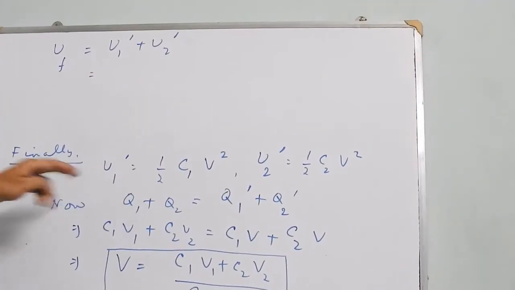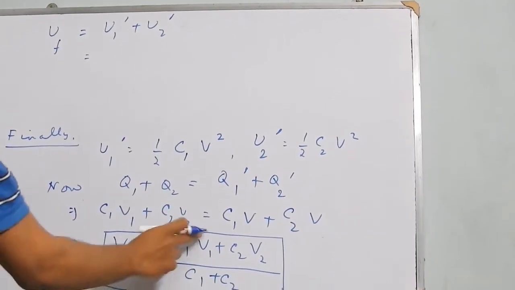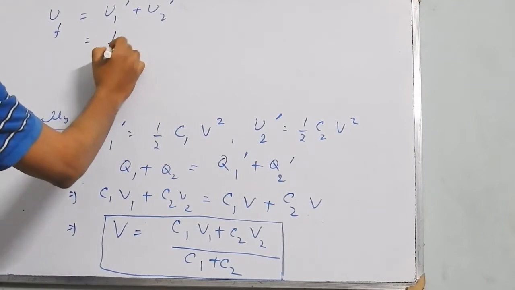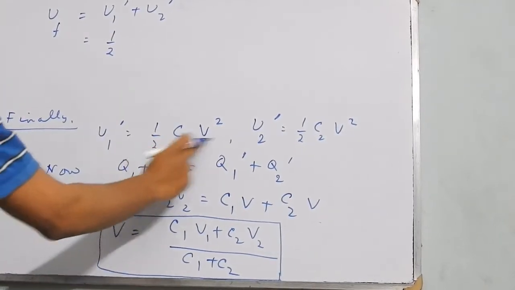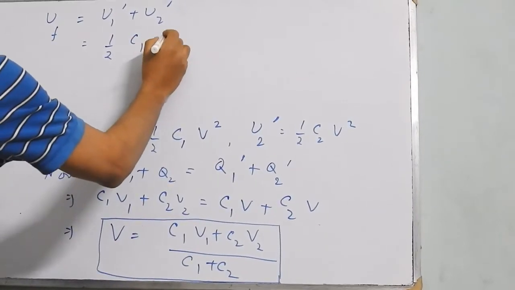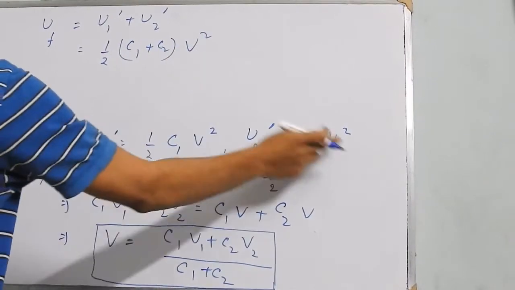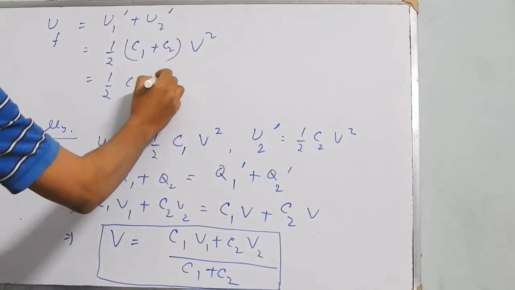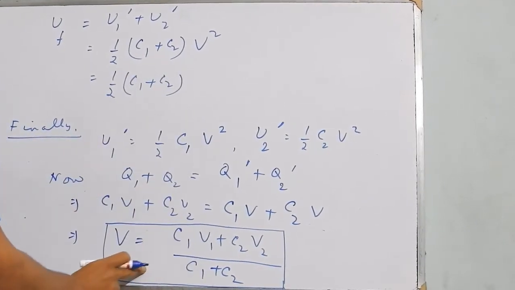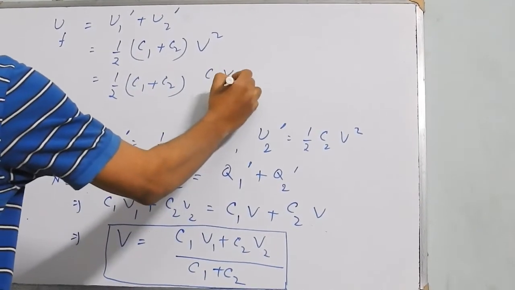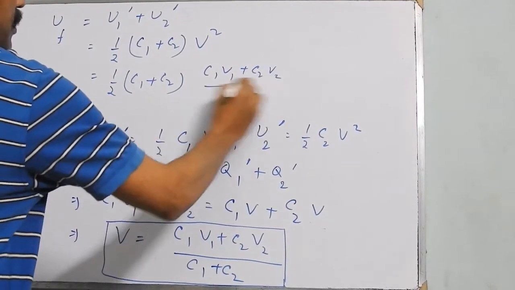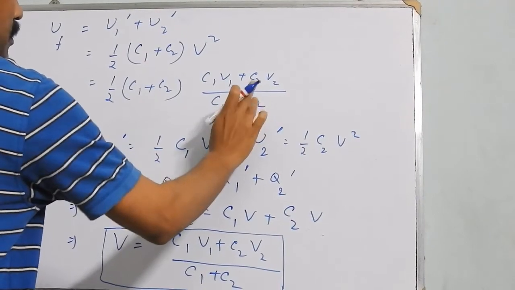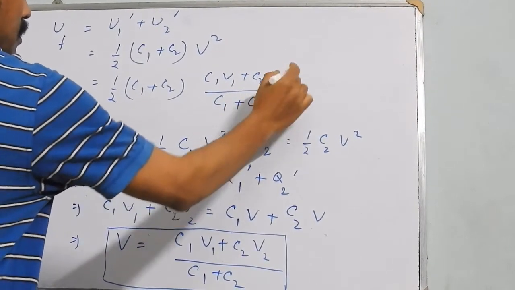which will equal half C1 V square plus half C2 V square. So we can take half common, C1 plus C2 times V square, where instead of V square we will write C1 V1 plus C2 V2 by C1 plus C2, whole square.